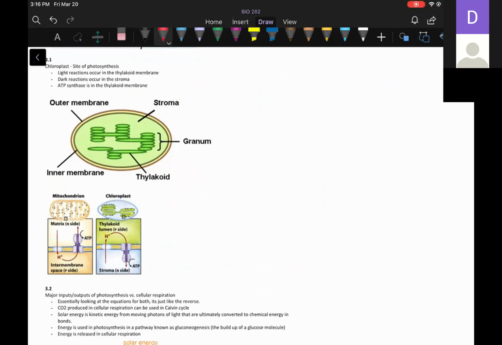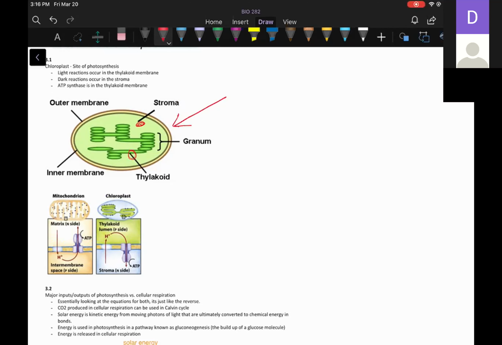The dark reactions occur in the stroma, which is kind of just like the outside part of the chloroplast. And the ATP synthase that's used in photosynthesis is located in the thylakoid membrane.